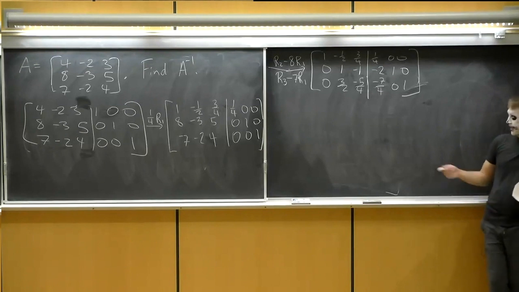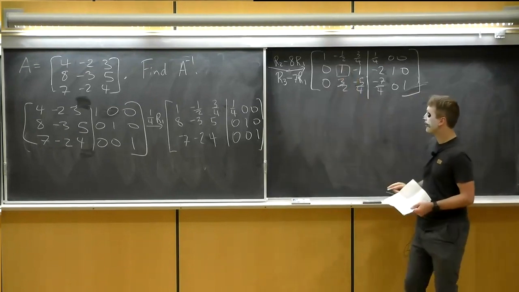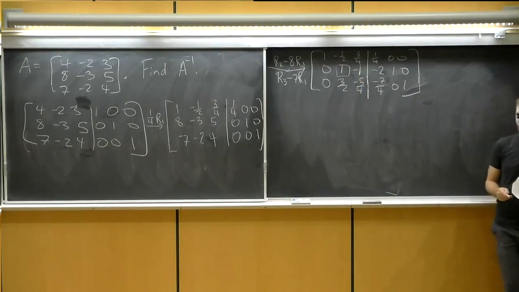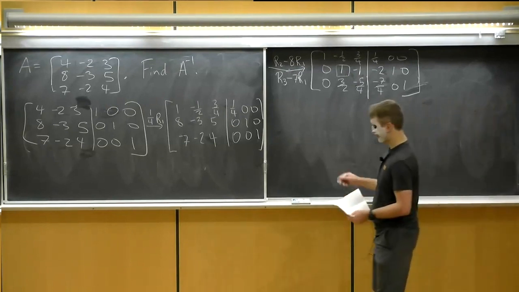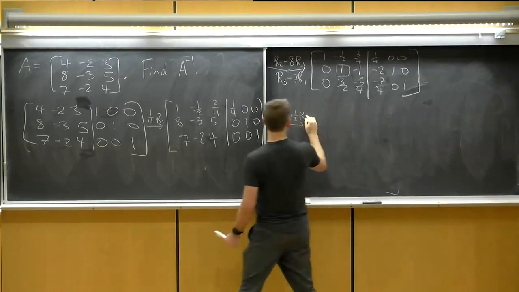So luckily in this case we've got a 1 sitting here in the middle already. Any suggestions for what I should do for the next thing? Yeah. Yep, I like that.